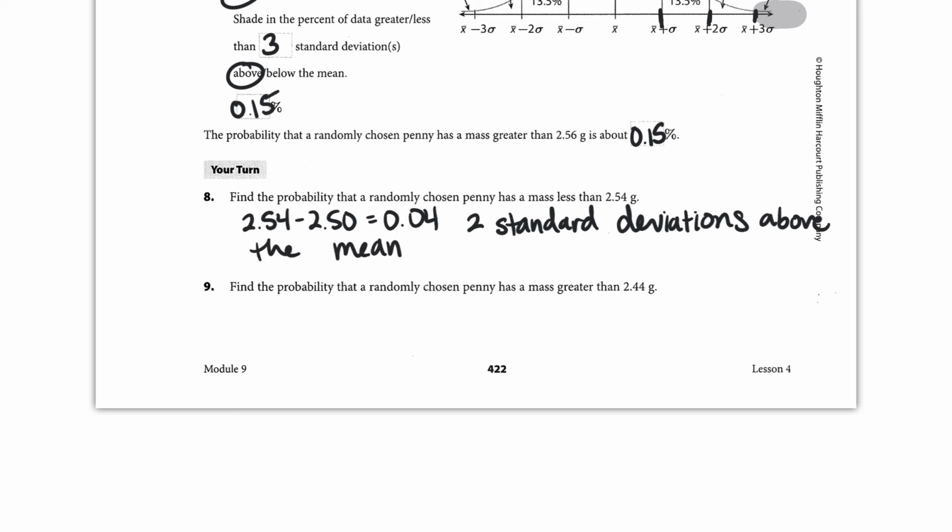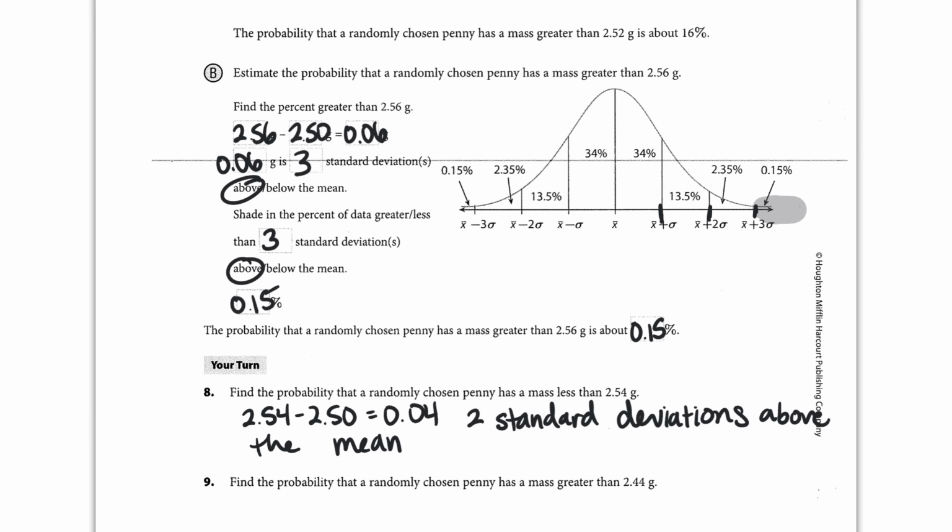So we're looking for a randomly chosen penny that has a mass lower than 2 standard deviations above. So going back to our picture, this would be the mean, 1 standard deviation above, 2 standard deviations above.